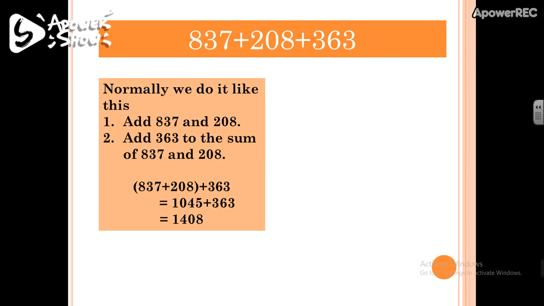The answer is 1045. Now add 363 to it. So 1045 plus 363 equals 1408. This is the normal procedure which we usually follow for finding the sum of given numbers.